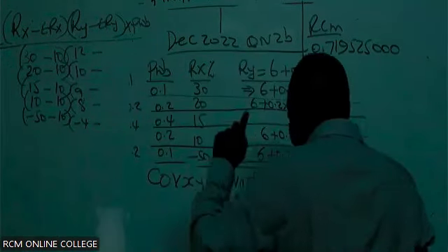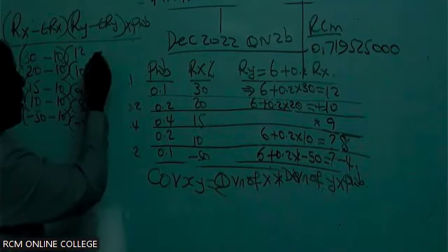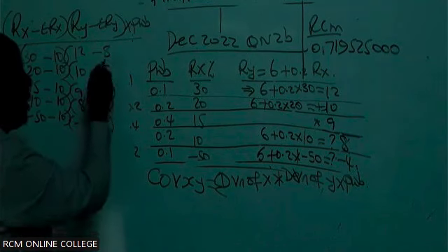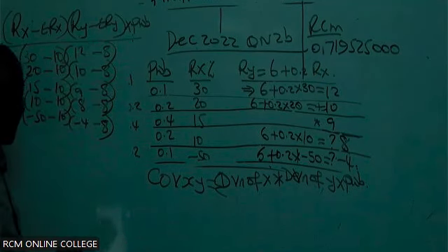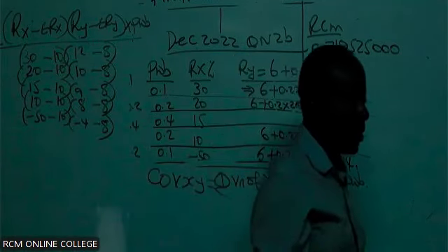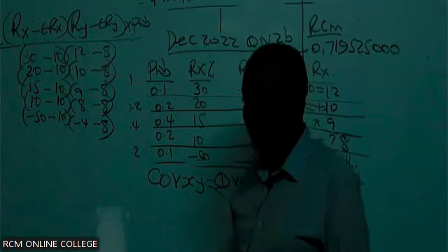So this is 8 throughout. Do I put squares? No. For covariance there is nothing like squaring, nothing like square root.